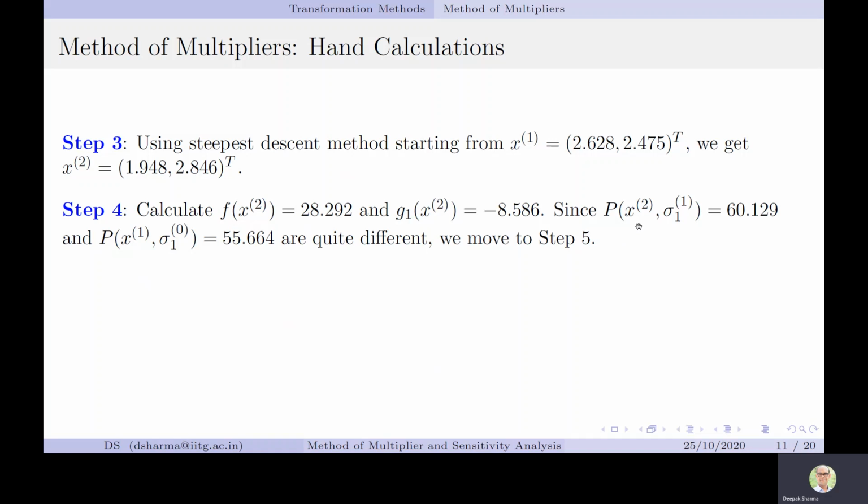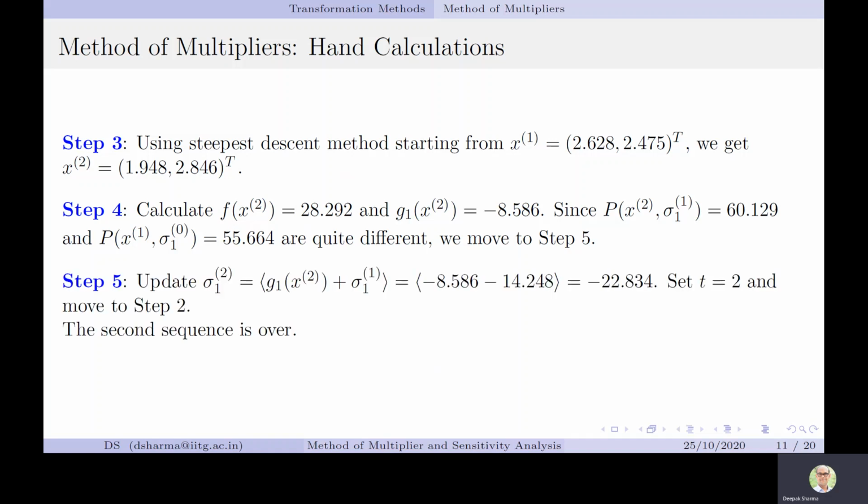Then the penalty function value at x2, sigma 1 is 60.129 and the penalty at x1, sigma 1, 0 is 55.664. Now these two values are quite different because epsilon 2 is 10 to the power minus 5. So we move to step number 5.